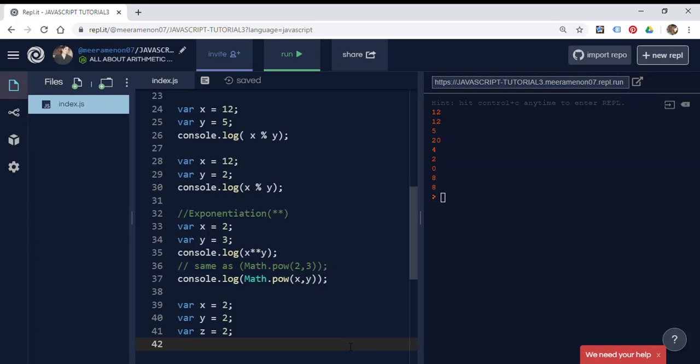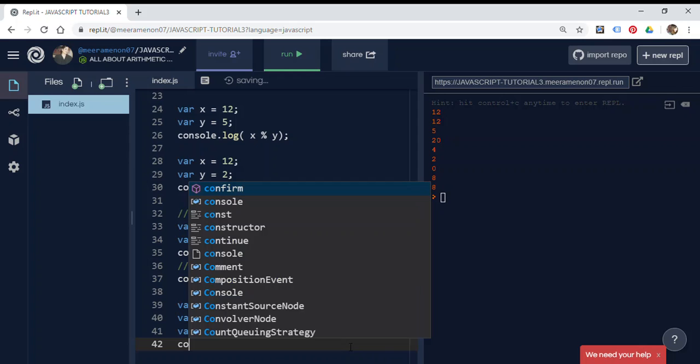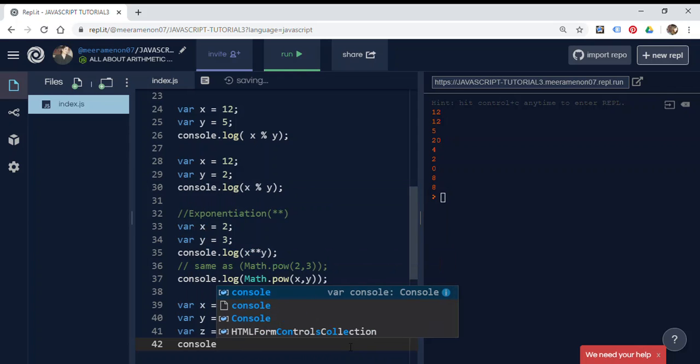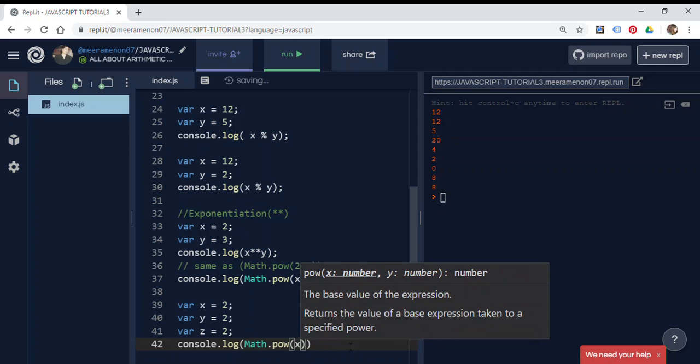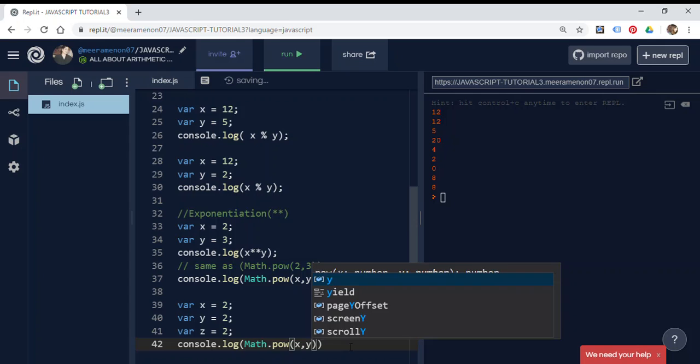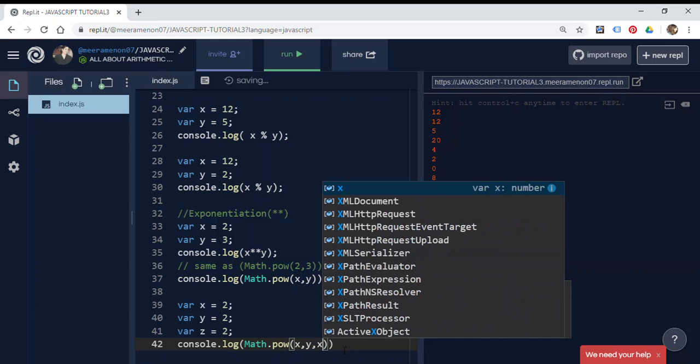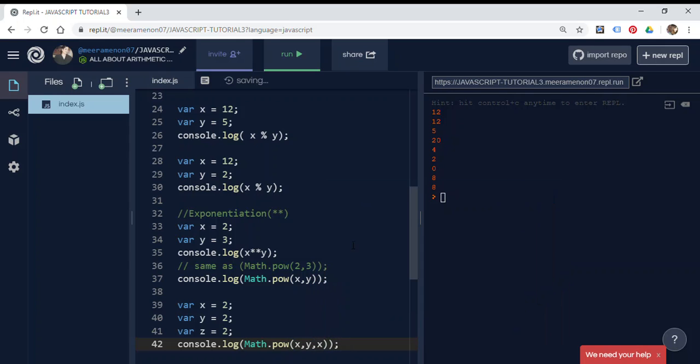So what if we do the exponentiation value for this? Console.log math.power, sorry, so x comma y comma z. Let's run it.